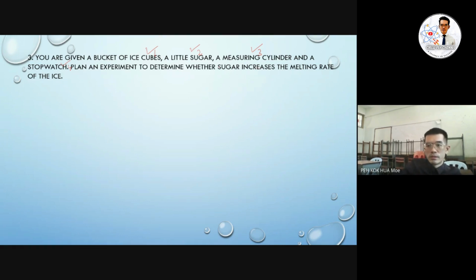That means when we increase the amount of sugar, the melting rate will change. So what is your expectation? If the question comes up with this statement, what is the theory you can relate it to? In PT3 you have already learned about the effect of impurities on the boiling point, melting point, and also the density.